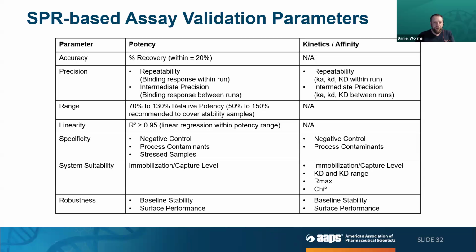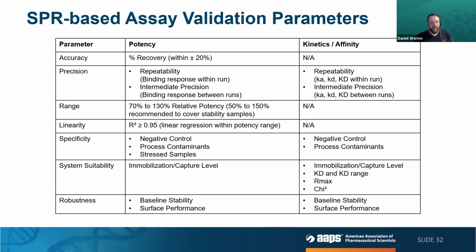So for example, parameters such as precision, specificity, and also robustness. These parameters are applicable to both potency and kinetics and affinity assays. Other parameters like accuracy, range, and linearity will only be assessed in potency assays, as these parameters are not applicable to kinetics and affinity assays.